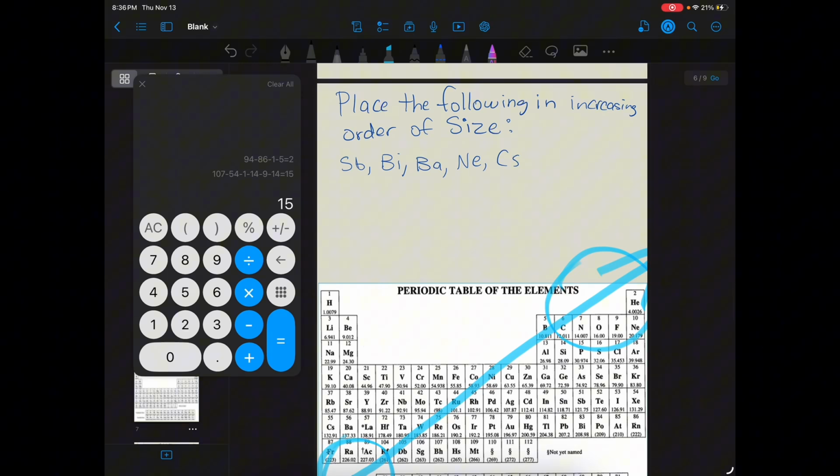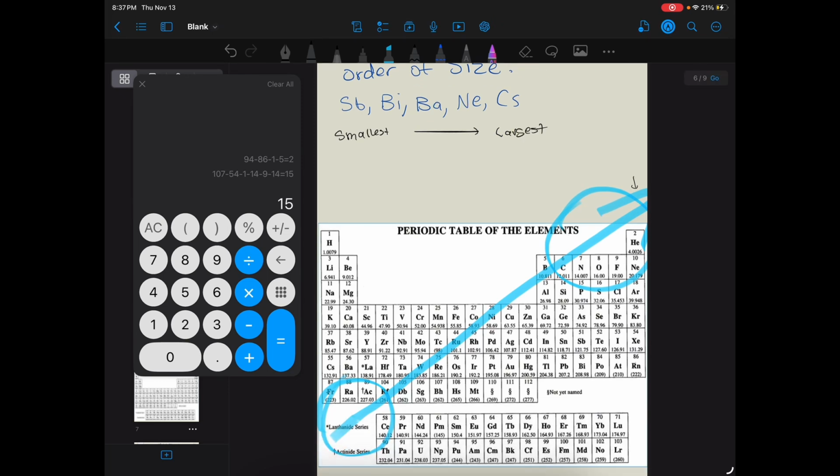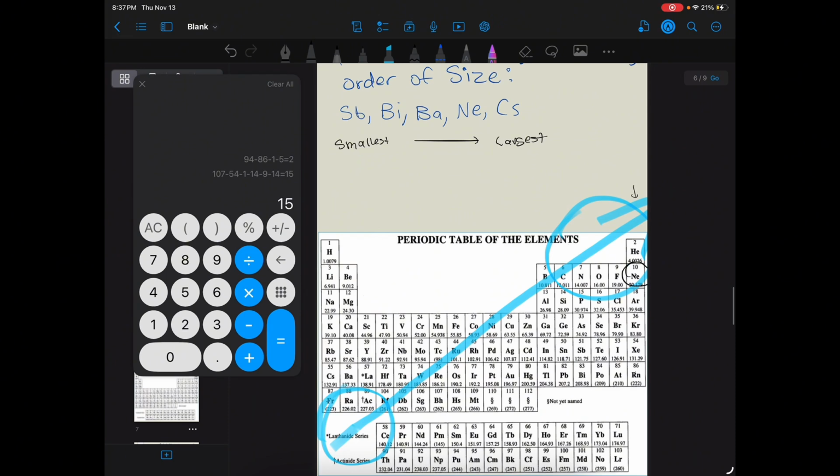Okay, so by looking at this trend and seeing that the smallest elements are at the very top here, we can just write smallest to largest, and we can see that the smallest one here would be the NE, because it's in the most top right position.